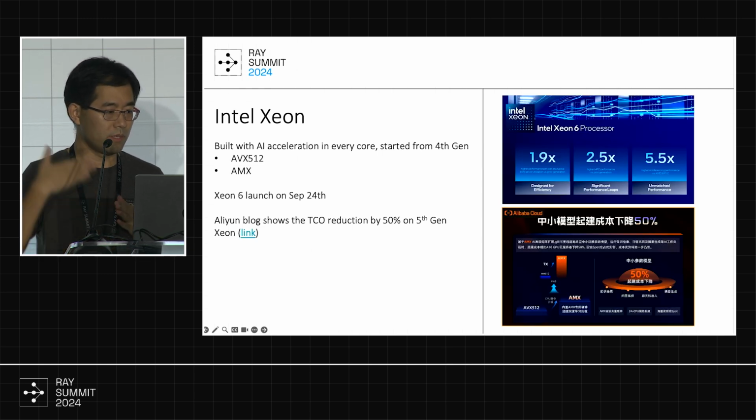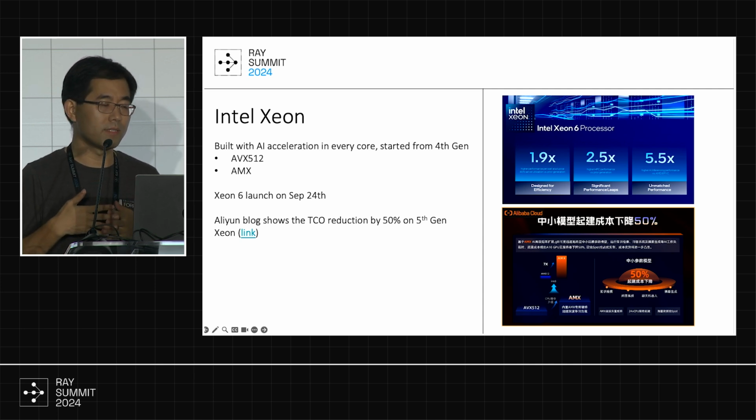I would say Xeon is one of the most widely deployed AI compute platforms in the world, supporting diverse applications like database, web service, HPC (high performance computing), and of course AI workloads. Starting from 4th generation Xeon, previously codenamed Sapphire Rapids, Intel added AMX into every physical core.